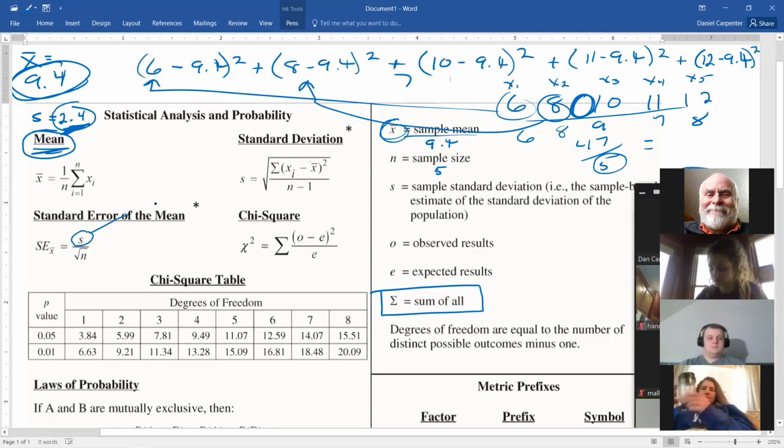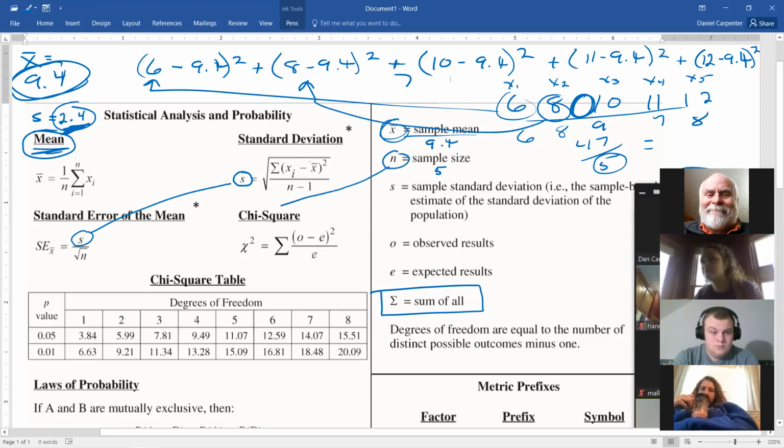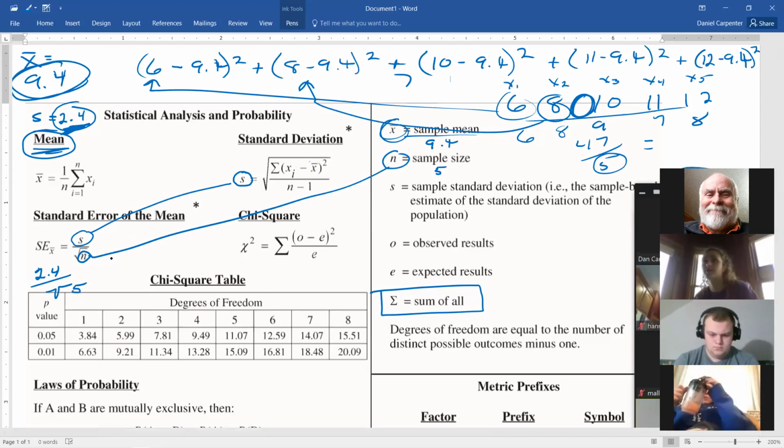Standard error is S, which comes from here, divided by the square root of n, which is the sample size. So standard error in our example would be 2.4 divided by the square root of 5. Again, if you don't see where I'm pulling this stuff from, by all means ask.